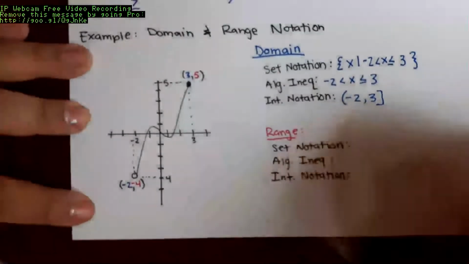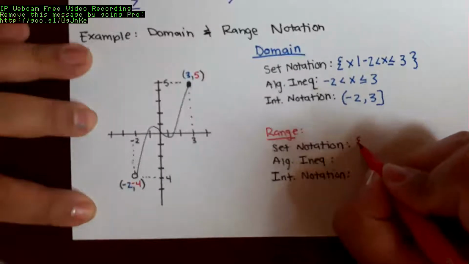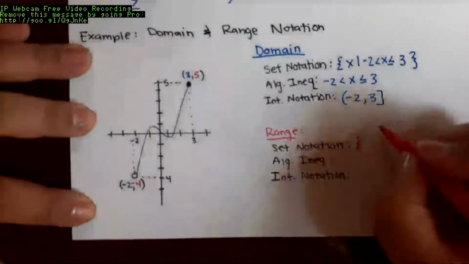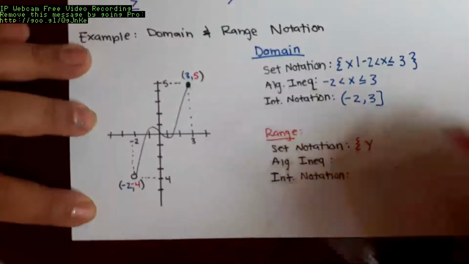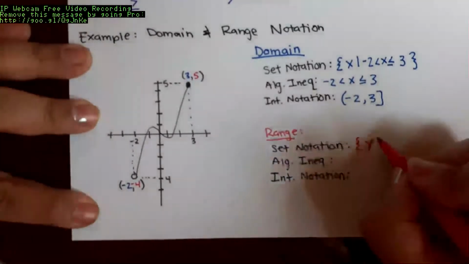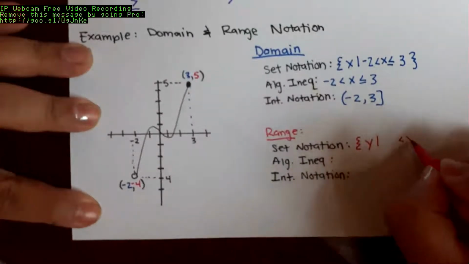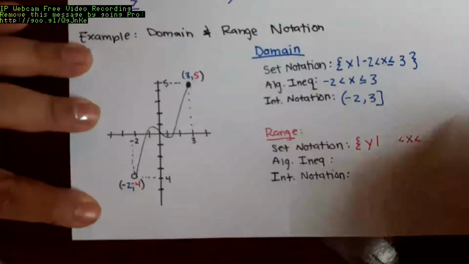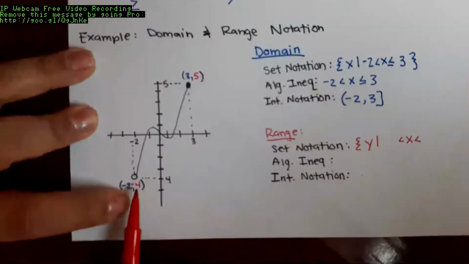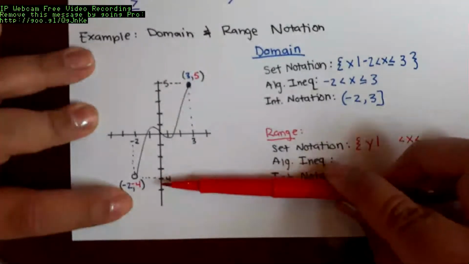Okay, so for the range, for our set notation, remember I'm going to start with a curly brace. And I'm going to use my y because we're talking about range now. So it's my set of all y such that, and I'm going to use my generic inequality. And this time, my range is going to start at -4.